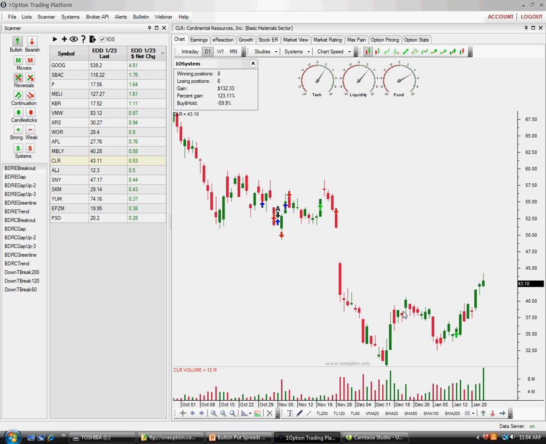So let's review the risk reward profile on that trade since we're at it. Just want to reinforce what I taught in the previous video. So we saw that $40 put. If the stock moves below $40, that is our stop out point.